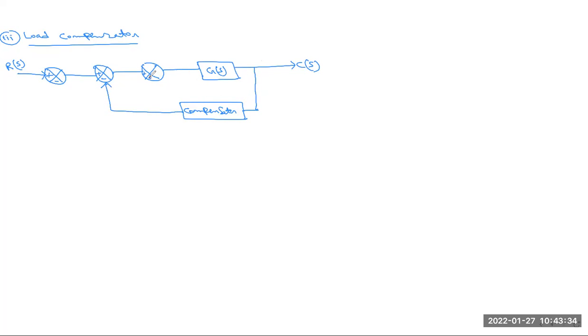Another one is also connected to the output of the system to this network, and feedback, this is the H(s), it is also connected to the output of the system and another summing point. Okay, so this is basically the diagram of the load compensator design.